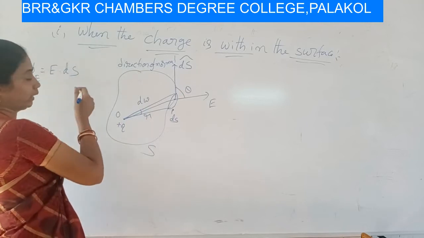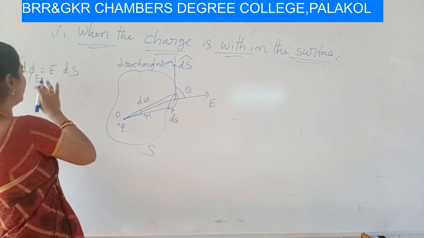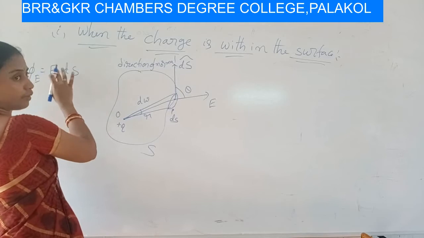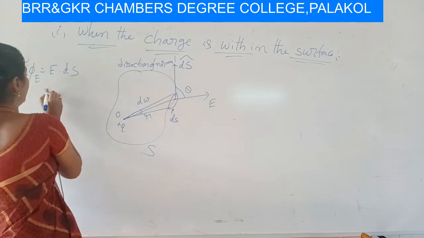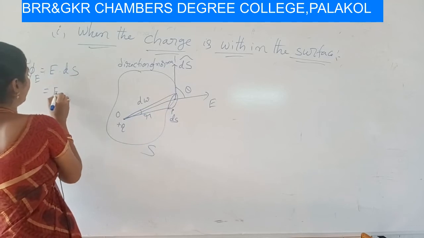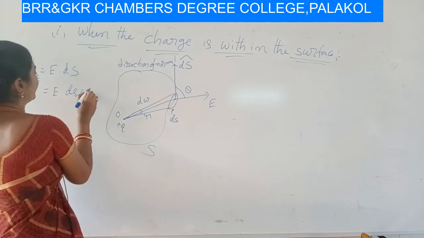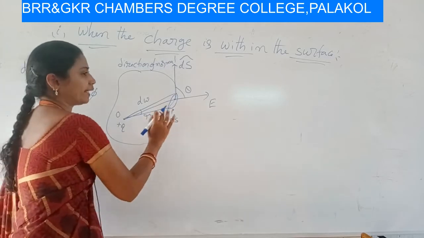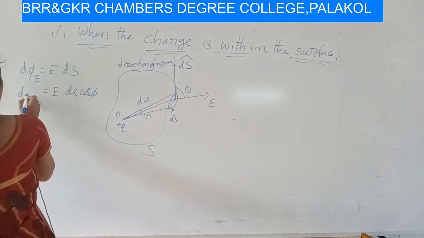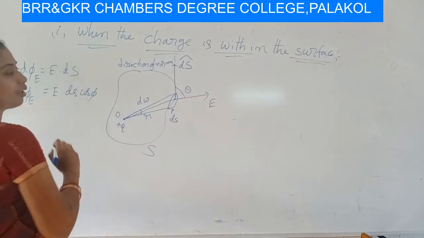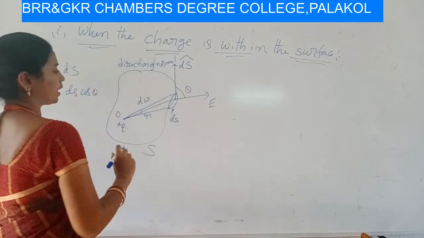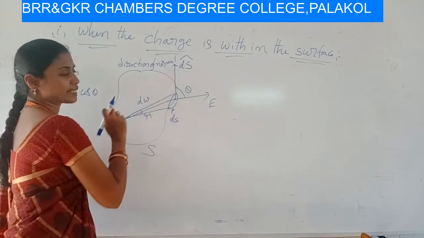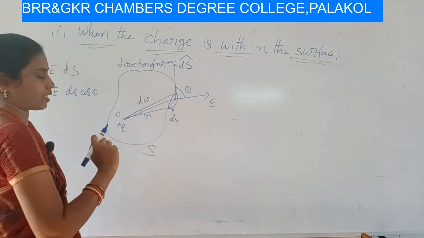We know about electric flux, so we directly write the electric flux for this small elemental area as E dot ds, nothing but the dot product, E ds cos theta. Then the flux for this small area ds becomes d phi E equivalent to E ds cos theta. Here theta is the angle between E and ds.